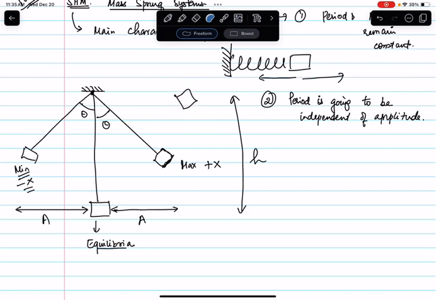So we'll see that later. So even if you're increasing the amplitude, it has no effect on the period, because if you increase the amplitude, you just increase the energy. You increase the gravitational potential energy, and then your pendulum just starts to move faster and faster.